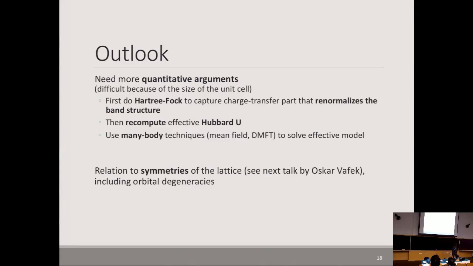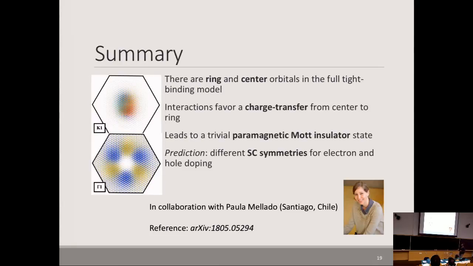So with that, I come to the end. To summarize, we think it's important to realize that these flat bands change orbital character when you go from the top to the bottom of the flat band. We call them ring and center orbitals around this AA stacking.